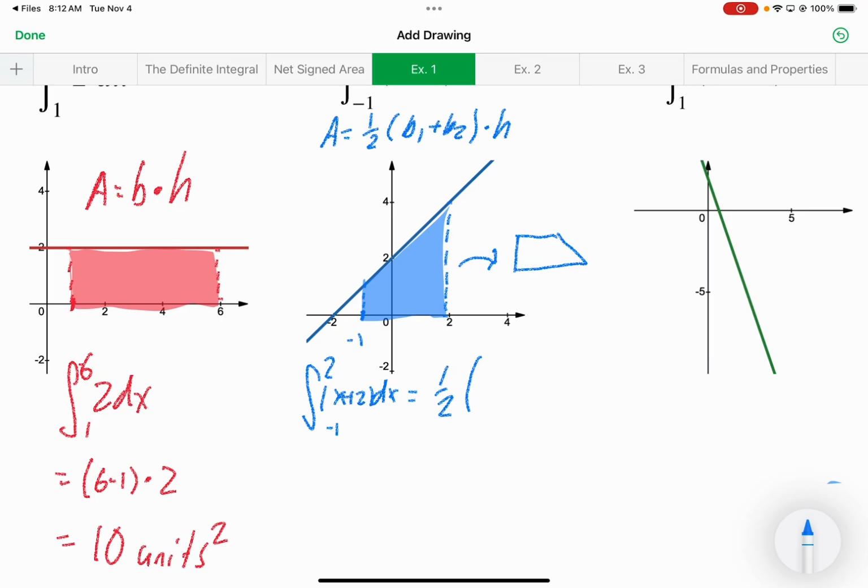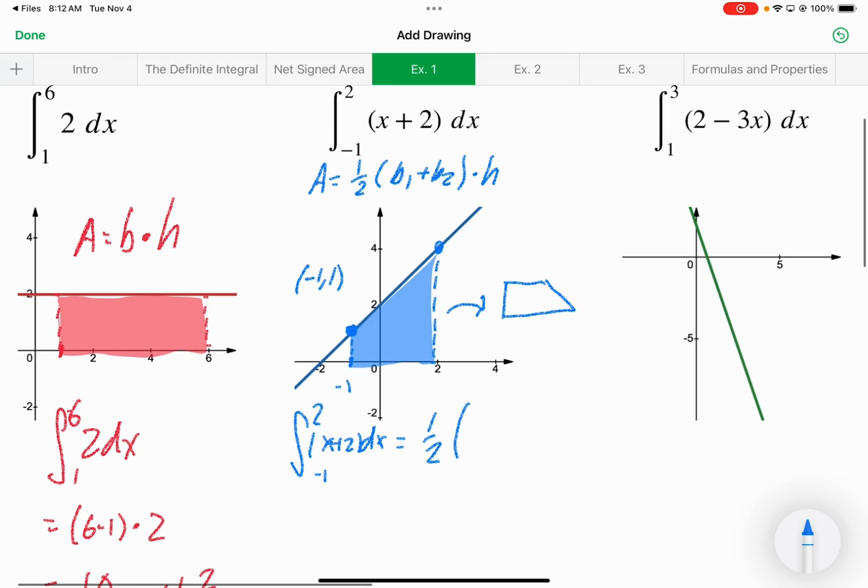All right, I need to find my height at this value and then my height at that value. So this just represents the coordinate point -1, 1. And then this represents the coordinate point 2, 4. All right, so base 1 plus base 2. Base 1 is going to be a height of 1, and then base 2 is going to be a height of 4.